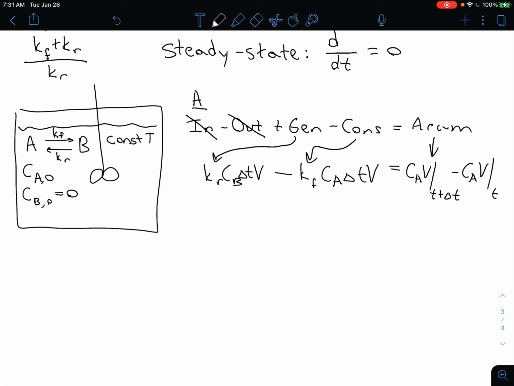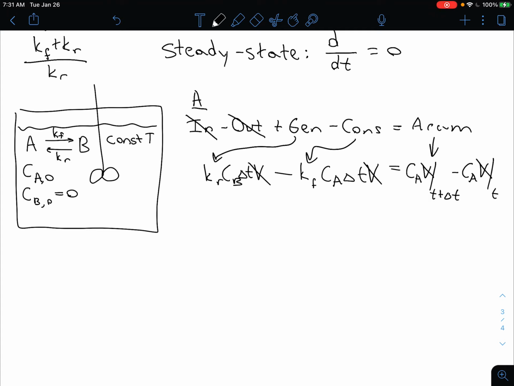And now notice that every term here is proportional to V, the volume of the liquid. So we can actually cross out the V's. We can divide through, meaning that the dependence of concentration on time is actually independent of the size of the reactor. So you double the size, as long as the concentration remains the same, the time dependence of CA shouldn't change.